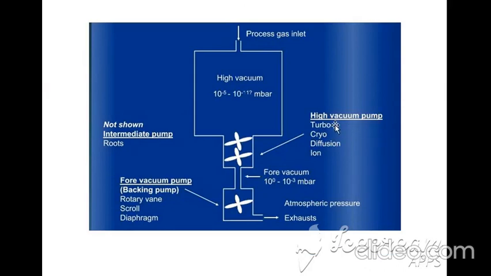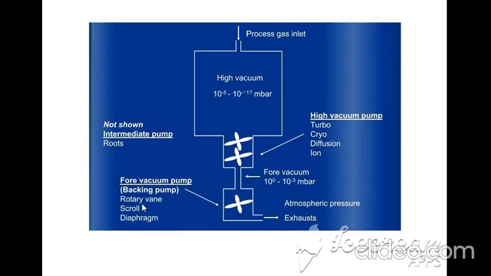These are some pumps listed here to create high vacuum: turbo pumps, cryo pumps, diffusion pumps, ion pumps. At the left side you can see some vacuum pumps listed: rotary vane, scroll pump, diaphragm pump. These pumps are also used to create vacuum.